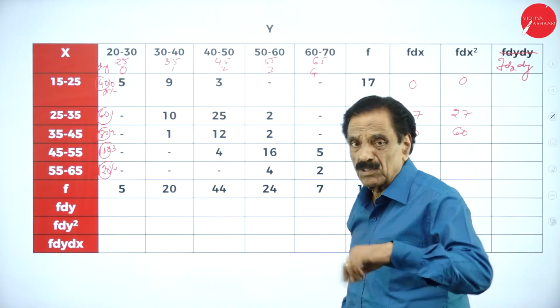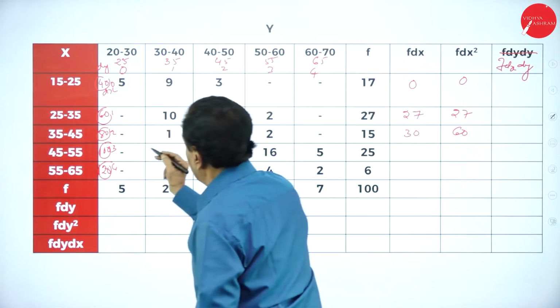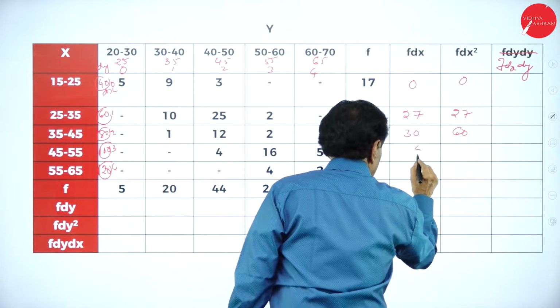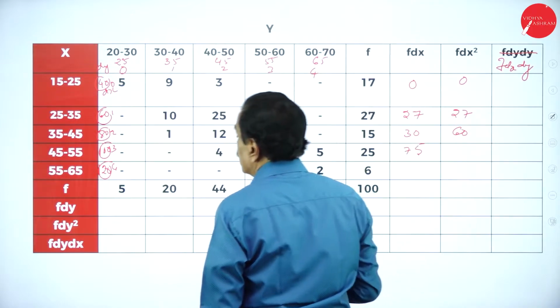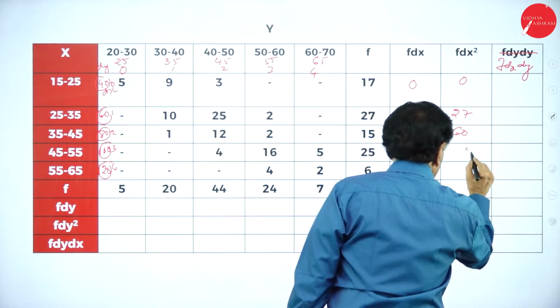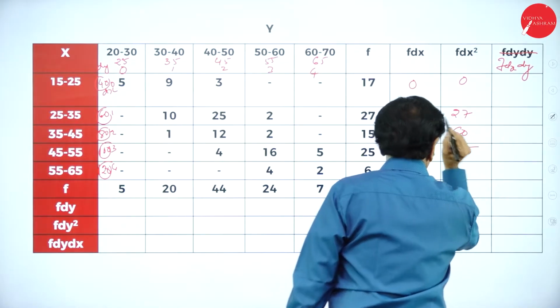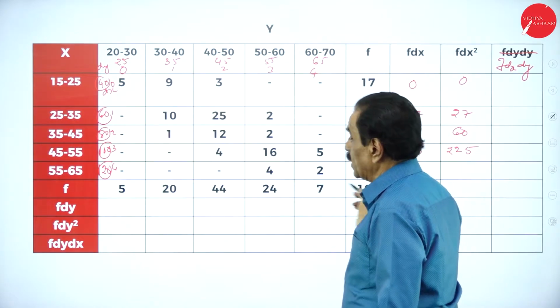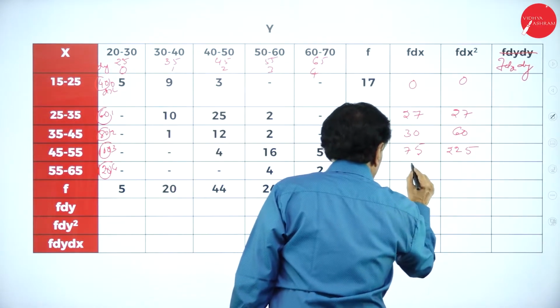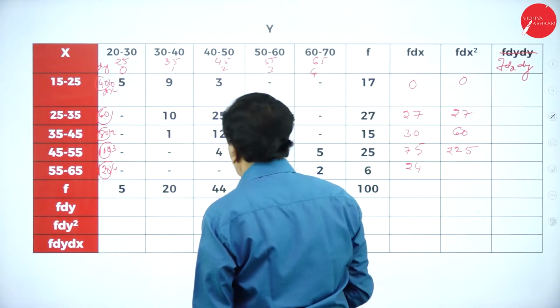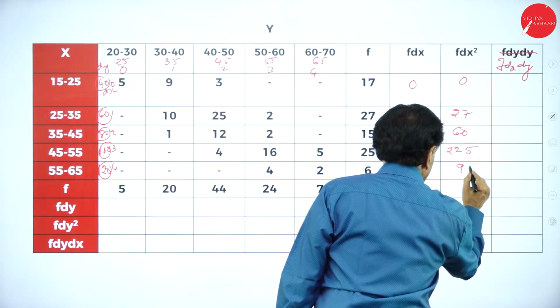Multiply the same number two times. So 25 into 3 is 75, 75 into 3 is 225. 6 into 4 is 24, 24 into 4 is 96.